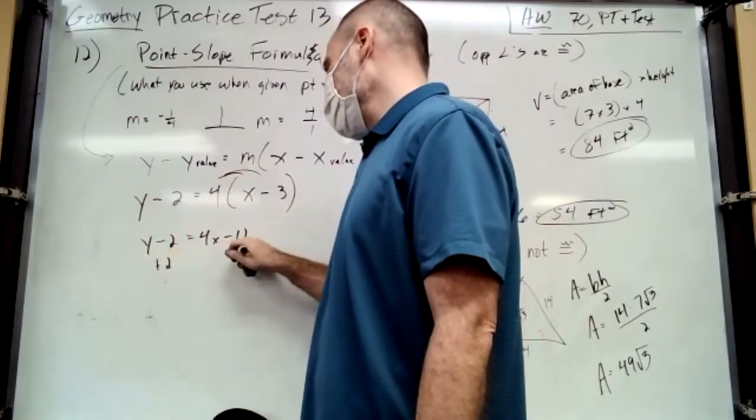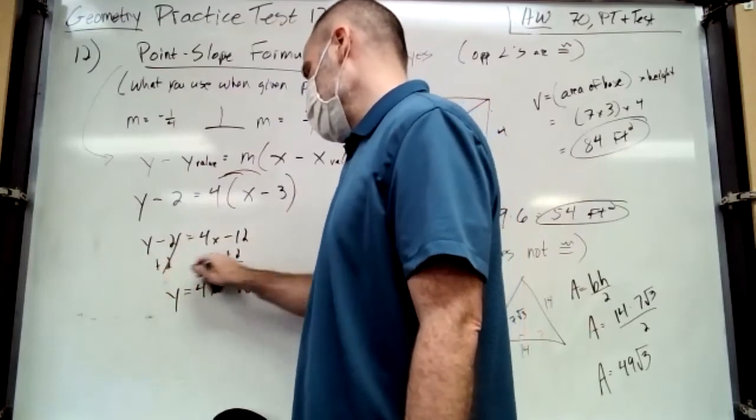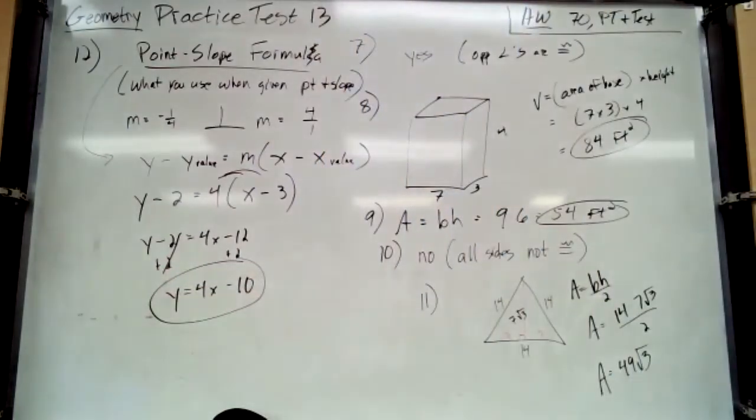Put the 2 over here. So y equals 4x minus 10. So that's the nicely written equation of the line. Is it? No, it's not, because it just says find the line. And the line is y minus 2 equals 4 parentheses x minus 3.